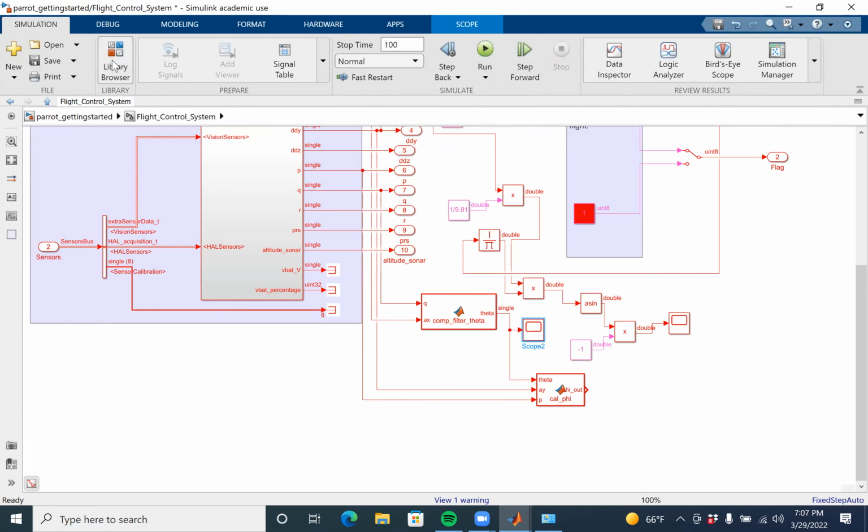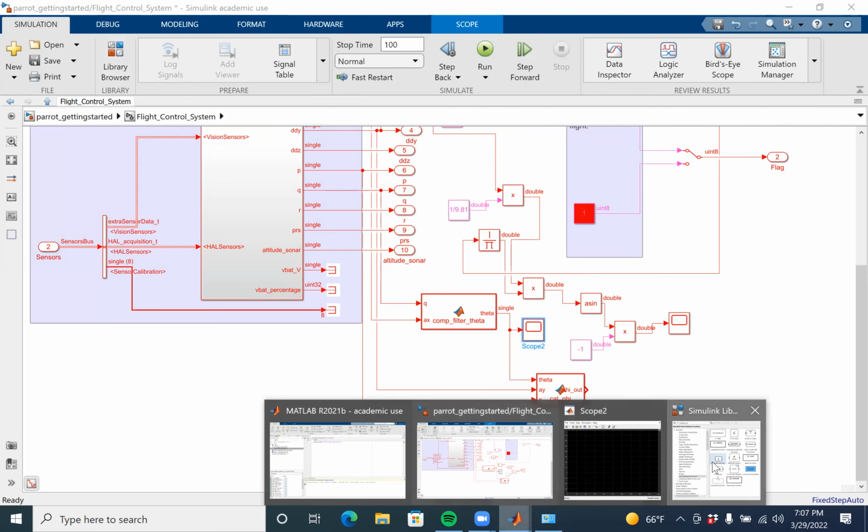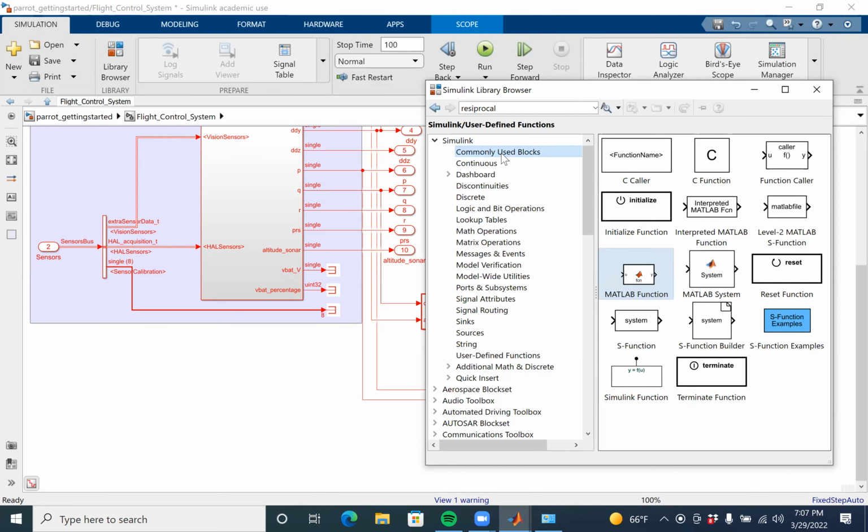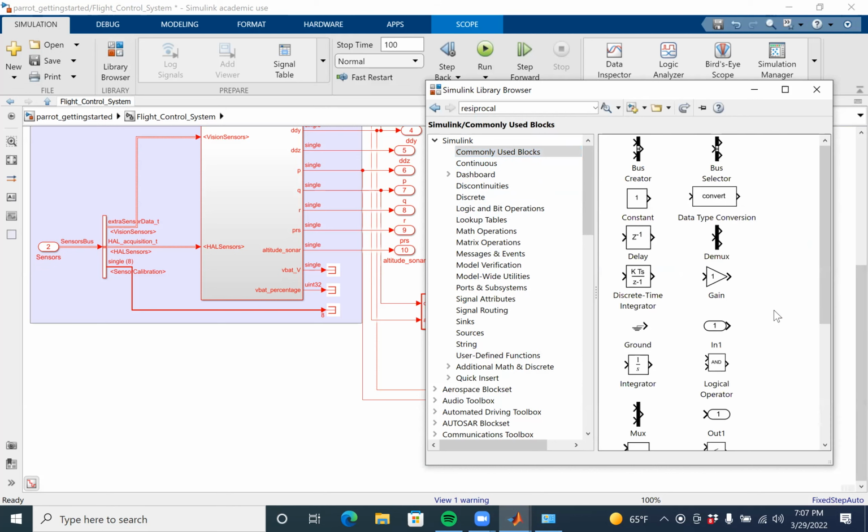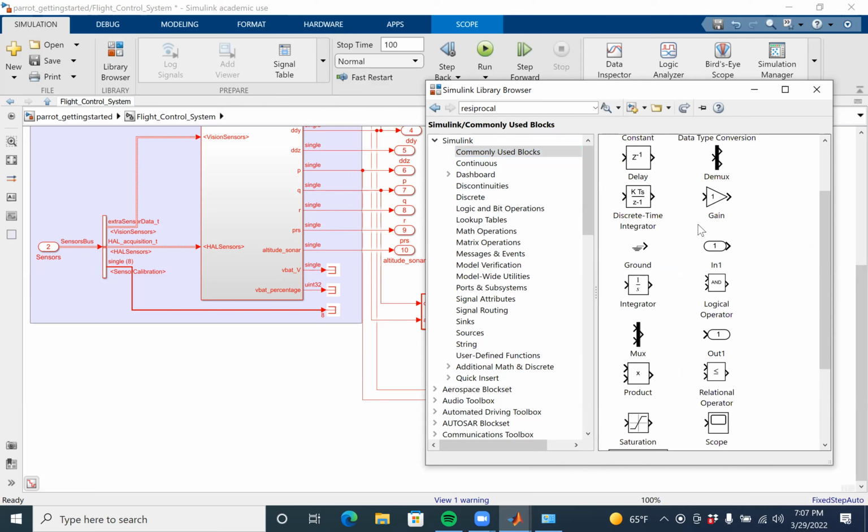Simulation. Scope. Yeah, you can do it. Totally fine. There are multiple ways of doing it.